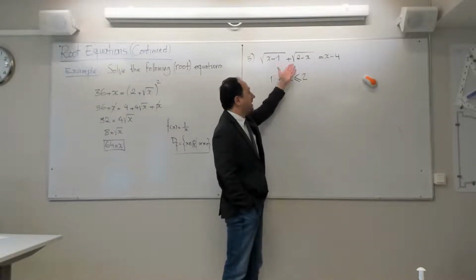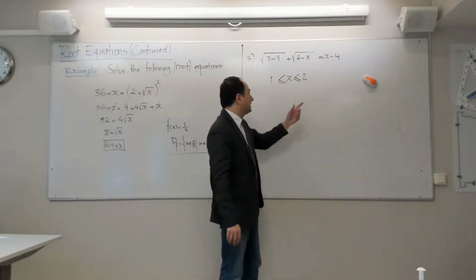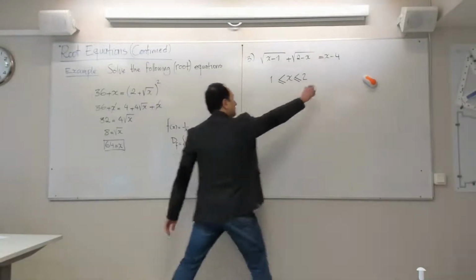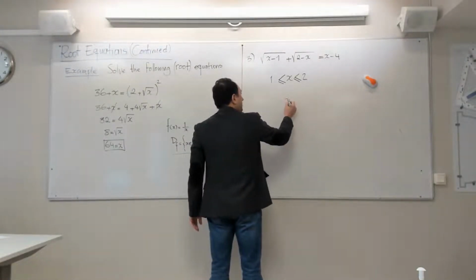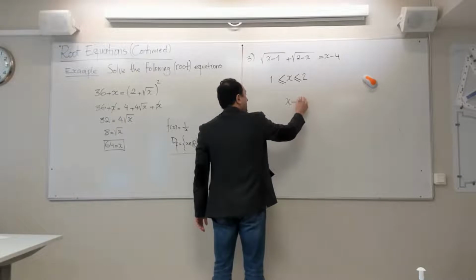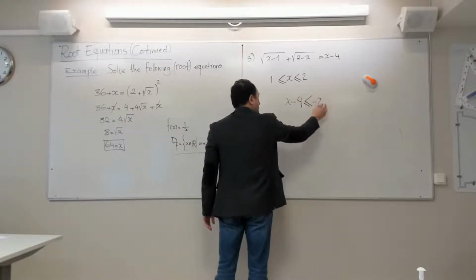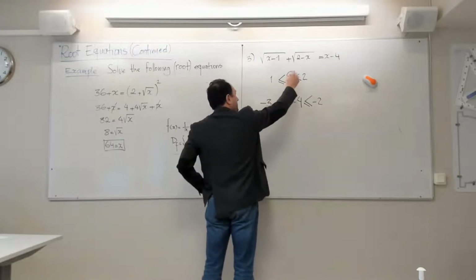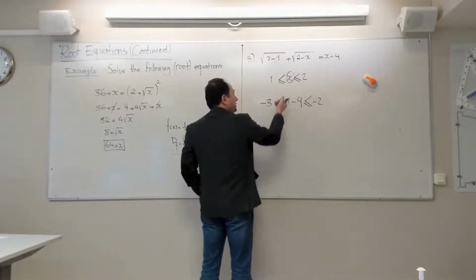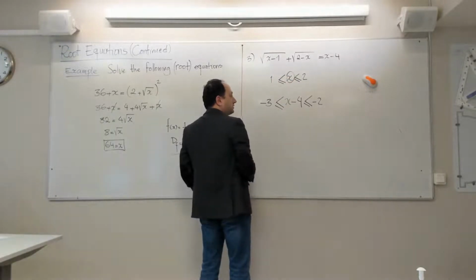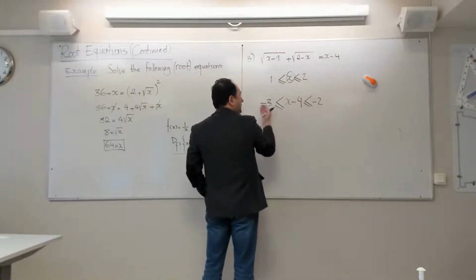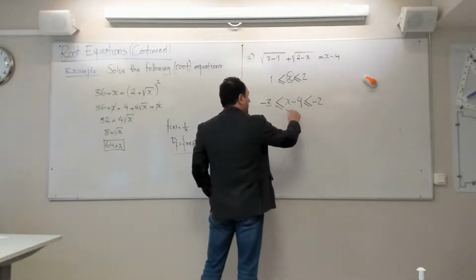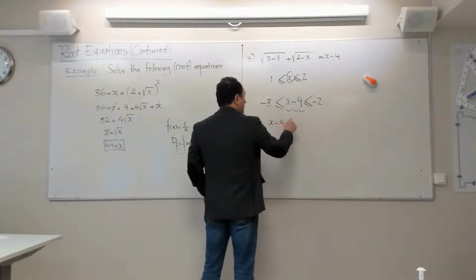But unfortunately, if x is between 1 and 2, let us see what happens for x minus 4. If x is less than or equal to 2, x minus 4 is smaller than minus 2, yes? And it's at least minus 3. So if I subtract 4 units out of it, x minus 4 becomes somewhere between minus 3 and minus 2. So definitely x minus 4 is negative.